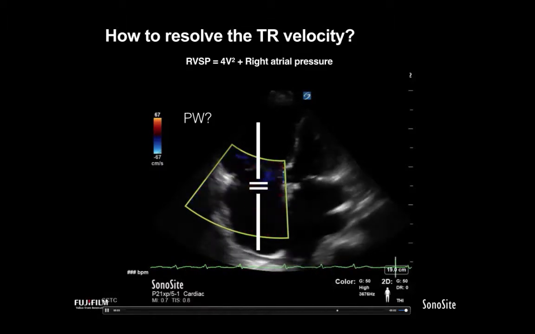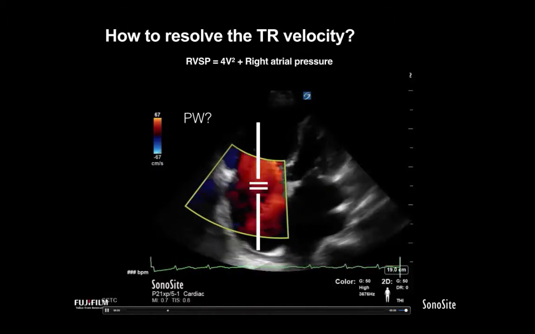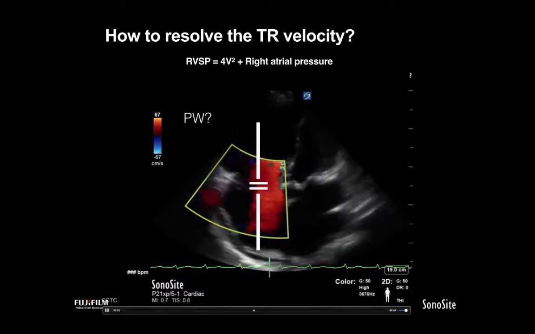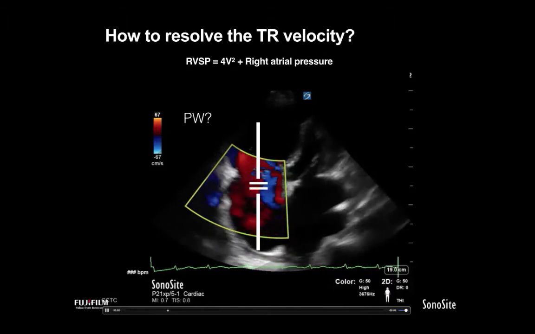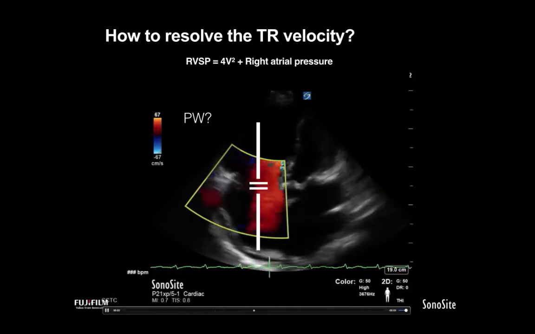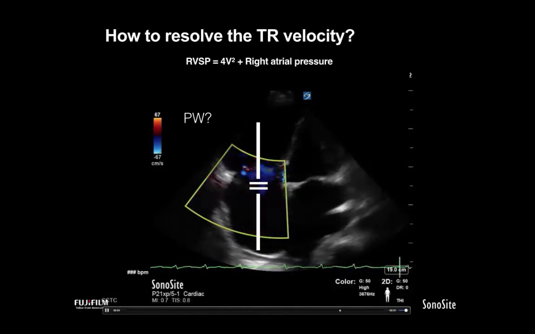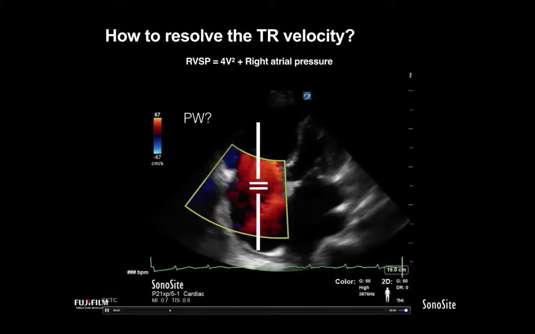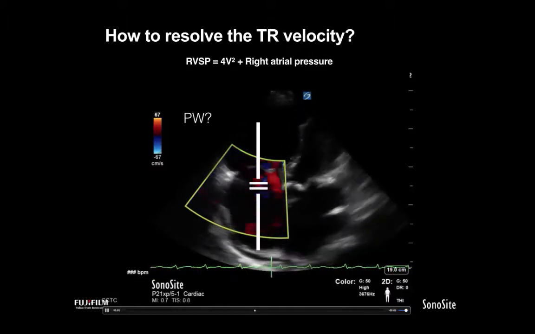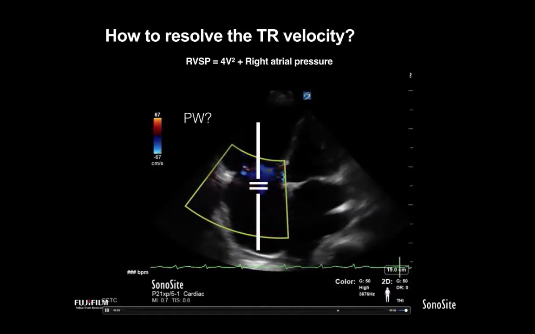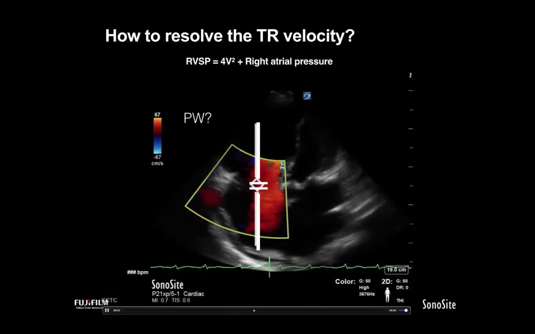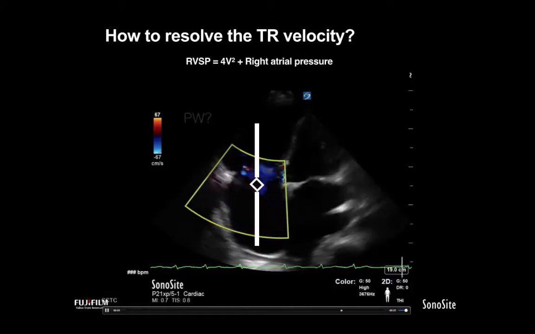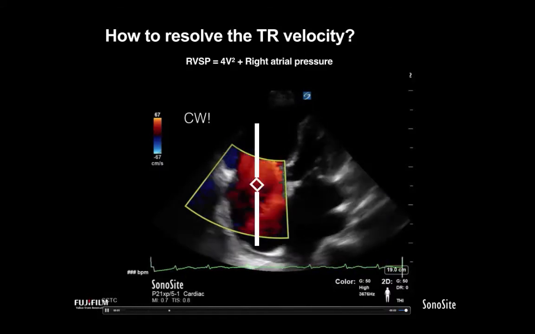But many of you will recall that pulse wave Doppler is excellent at resolving jets at precise locations, but is actually quite poor and unable to resolve very fast jets. And all regurgitant jets are generally quite fast and require instead continuous wave Doppler, which is built around resolving high-speed jets without the same spatial precision.